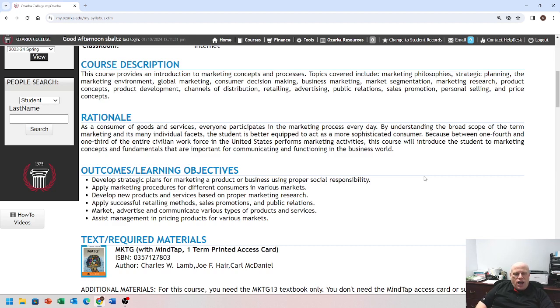Now, the rationale for taking a class like this is we are all consumers of goods and services, and every one of us participates in the marketing process every day. So the more that we understand about the process, the better we're going to be able to be a more informed consumer, and the better decisions we're going to make as a consumer, but also as a business manager.